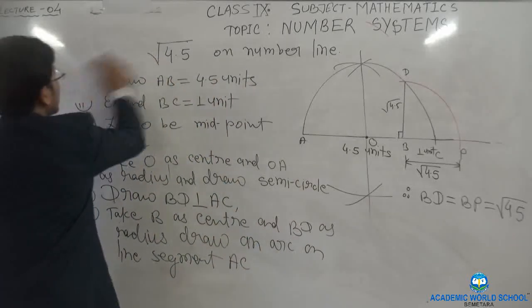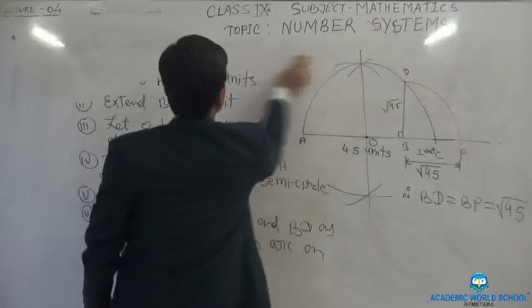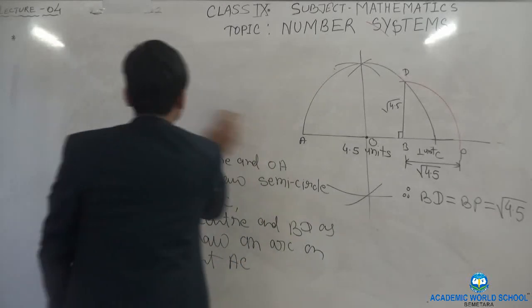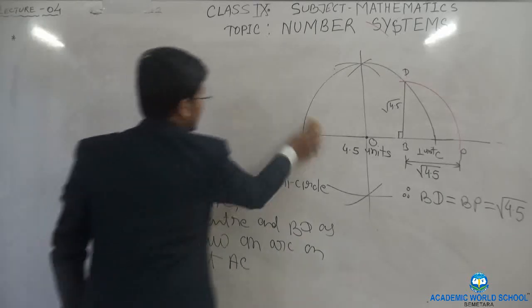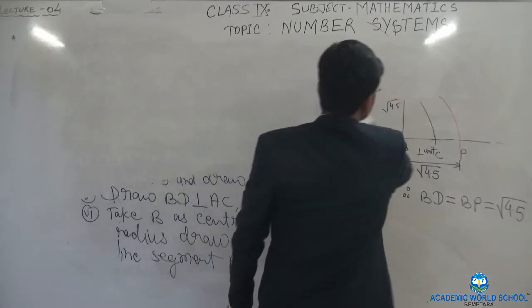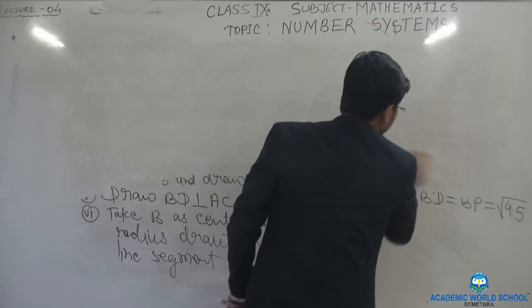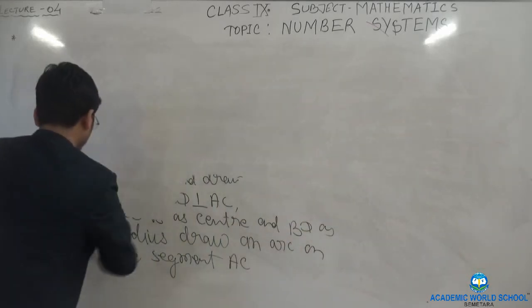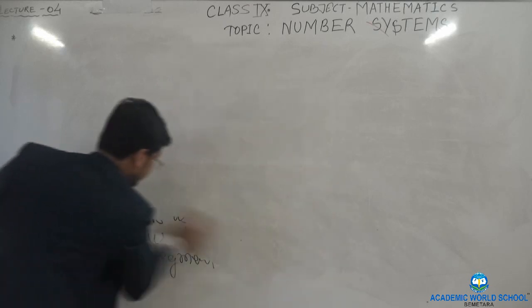So next, now we are going to add a rational number and an irrational number, and see how we are going to get the result. So now listen.